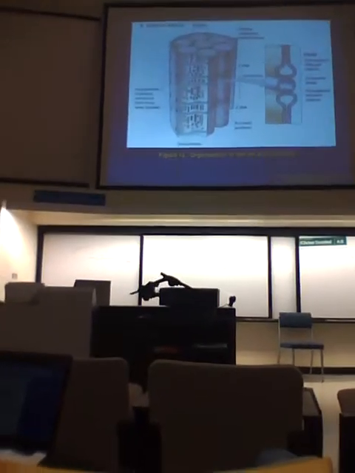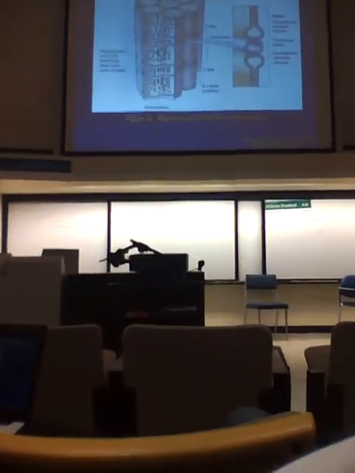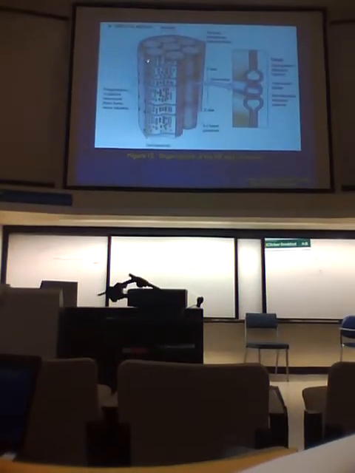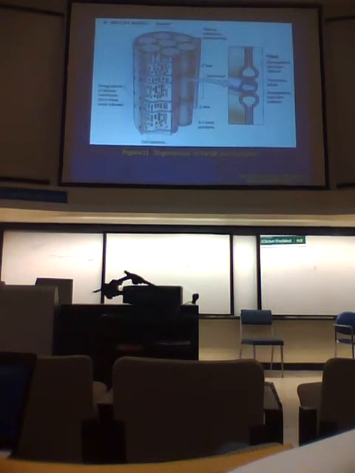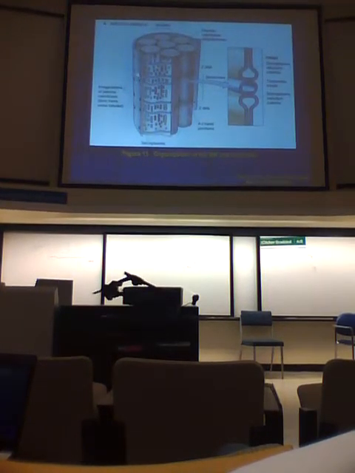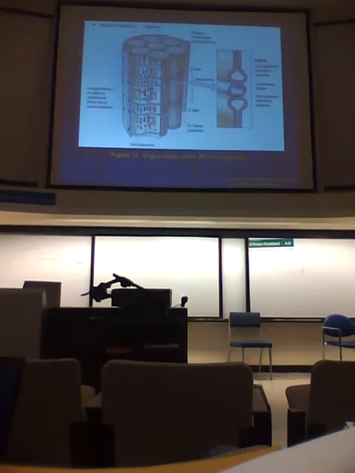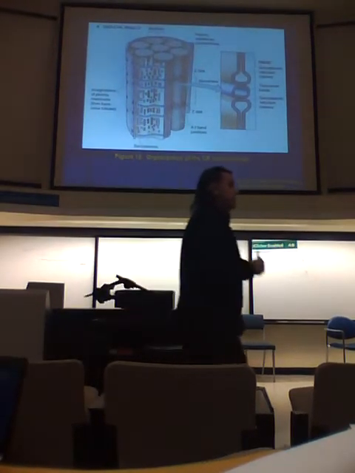If you look at the plasma membrane of skeletal muscle cells, you see these little holes. That forms the transverse tubular system, and it actually goes deep into the muscle cells and surrounds all the individual myofibrils.